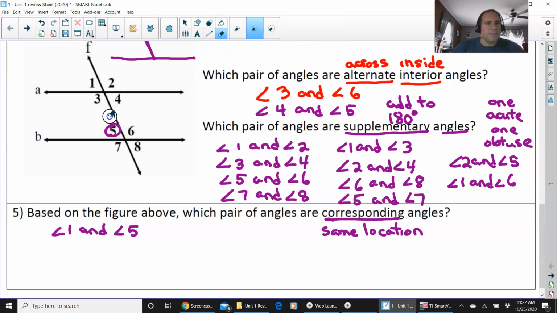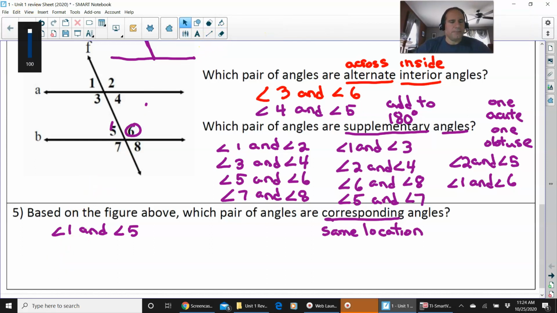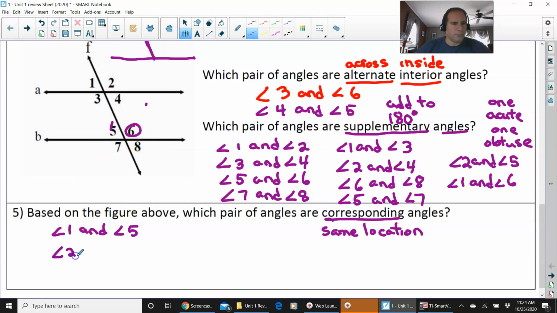What angle corresponds to angle 2 in the bottom part? Upper right, upper right. So here we go. We have angle 2 and angle 6, corresponding. Now we're going to move down to 3.